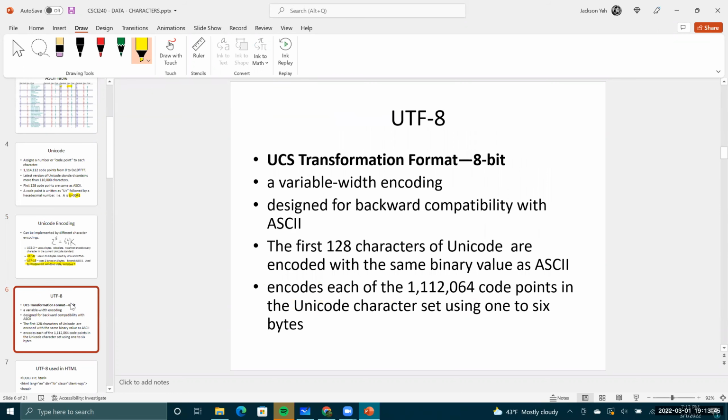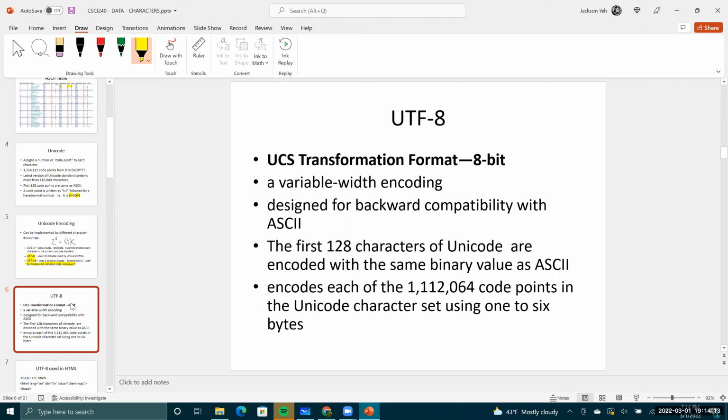So UTF-8, as I mentioned earlier, is a variable width encoding. Variable width means that it's not always the same size. So it can be 1 byte or it can be 6 bytes, depending on what you are encoding. And just as we mentioned with Unicode, the first 128 characters are going to be the same value as ASCII for backward compatibility.